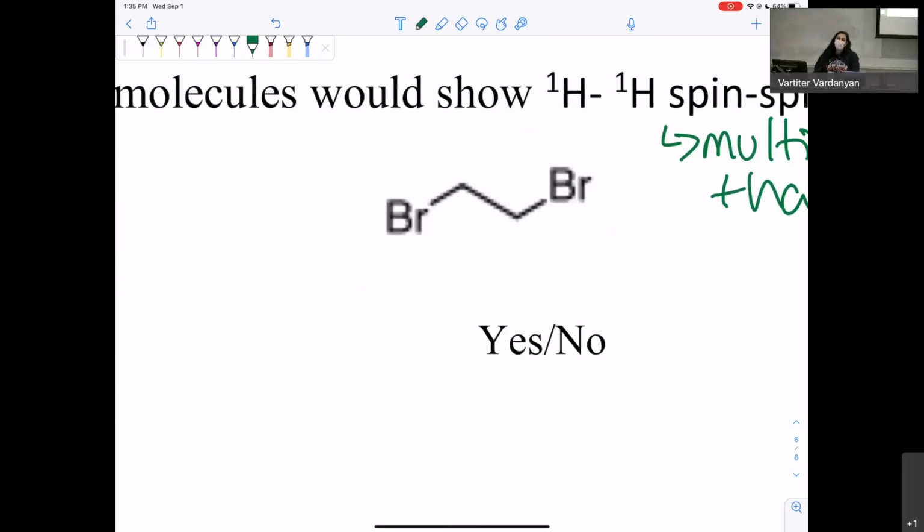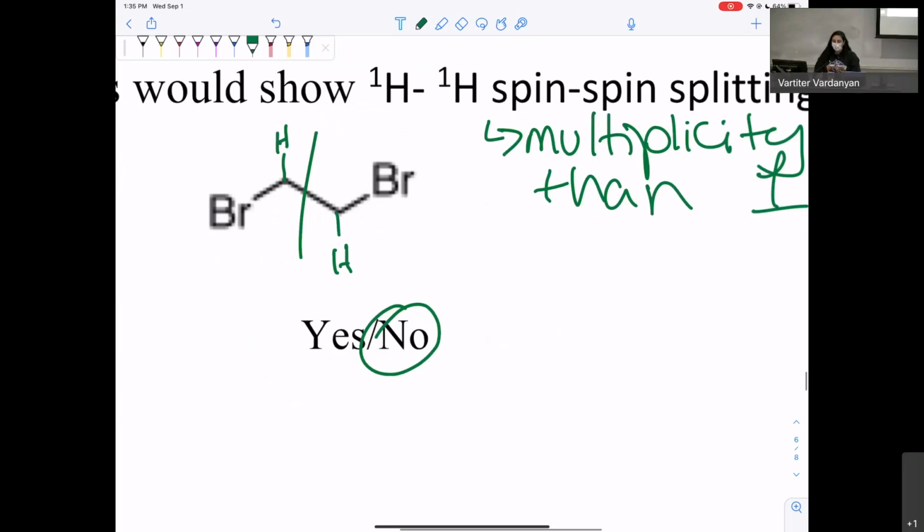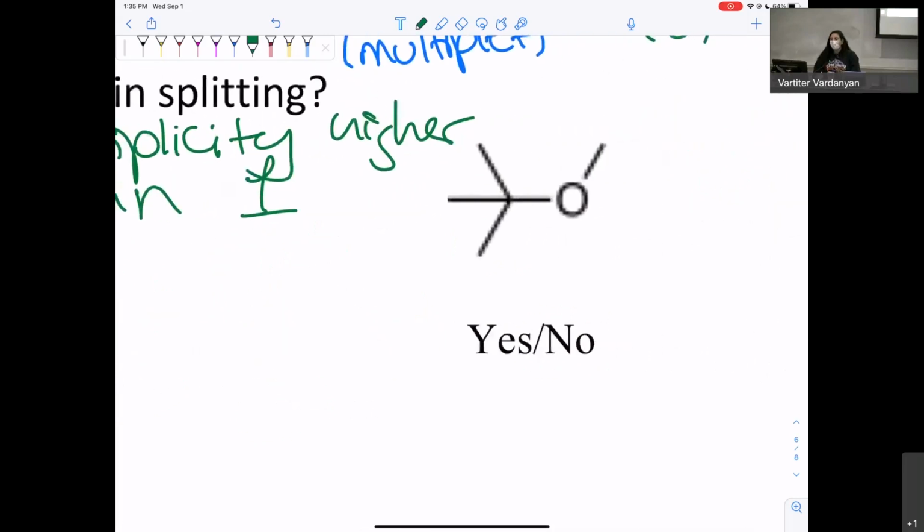What's the first thing? Symmetry. Cool. So does this hydrogen have any neighbors? No, why not? Because it's exactly equivalent. This is the same hydrogen. So does this show spin-spin splitting? No. All right.